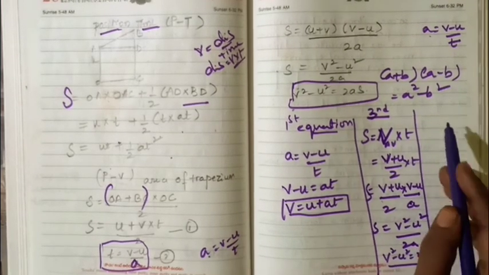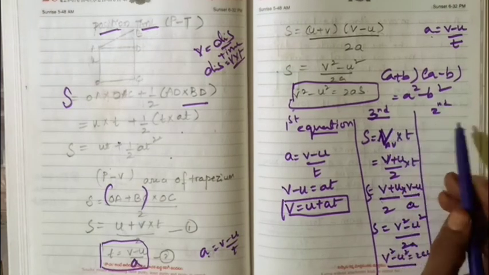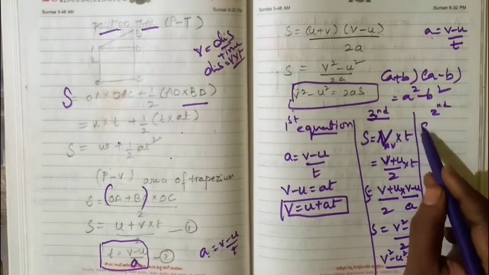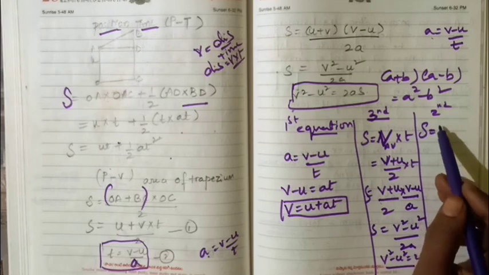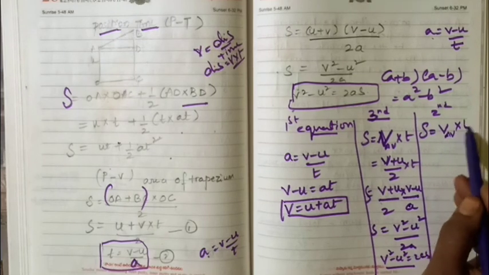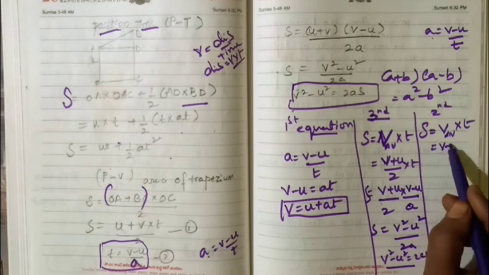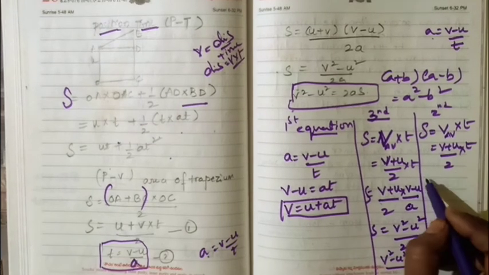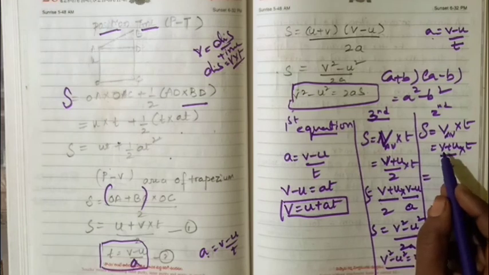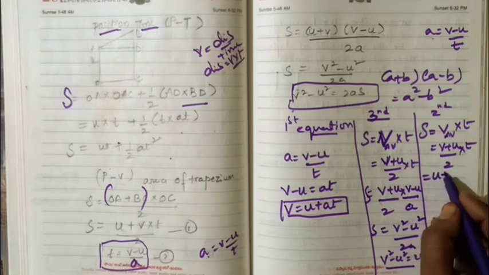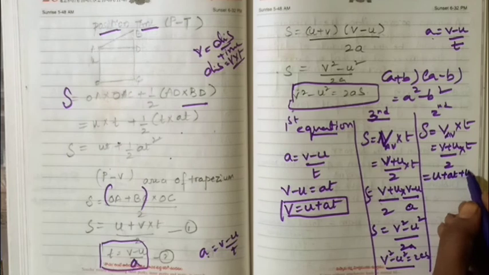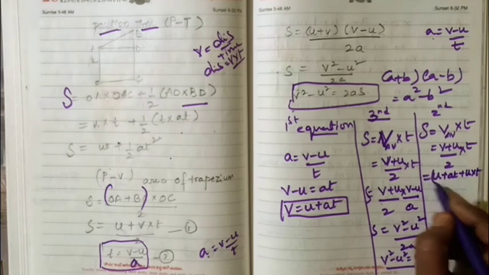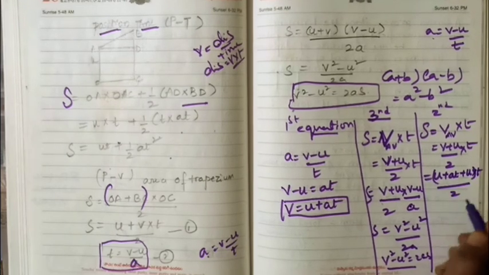Now the second equation, as I have solved the third first. Take the same thing: S is equal to velocity into time, V plus U by 2 into T. Now instead of V, we will substitute its value. From the first equation we know V is equal to U plus AT. So just substitute U plus AT plus U into T by 2.